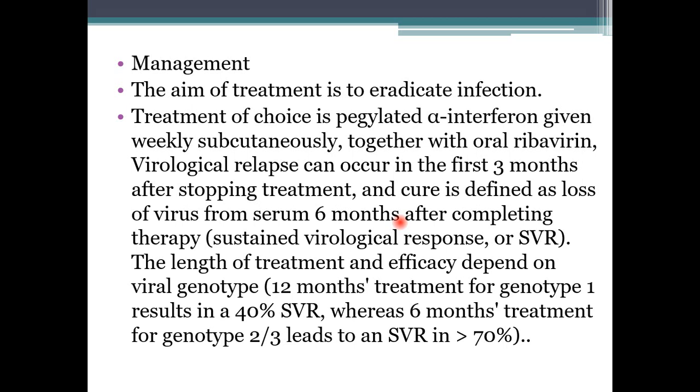The length of treatment and efficacy depend on the viral genotype. For example, 12 months of treatment for genotype 1 results in 40% SVR, while 6 months of treatment for genotype 2 or 3 reaches SVR of up to 70%.